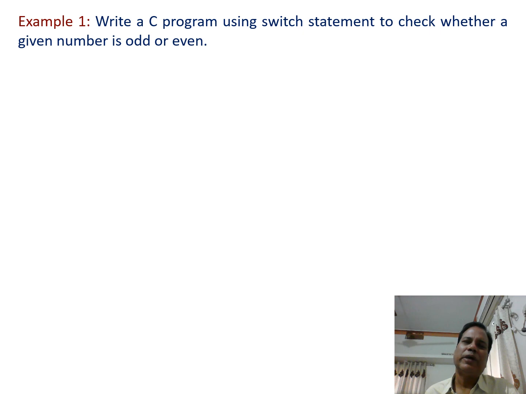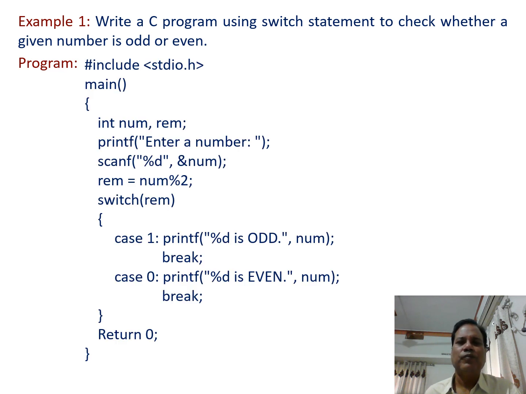In the first example, we have to write a C program using a switch statement to check whether a given number is odd or even. So a program may be written like this. As usual, we always include the standard input output header file, stdio.h, because this header file contains many functions that we use in our program.